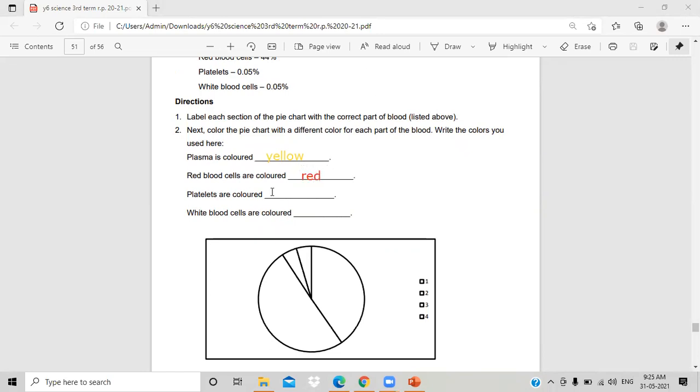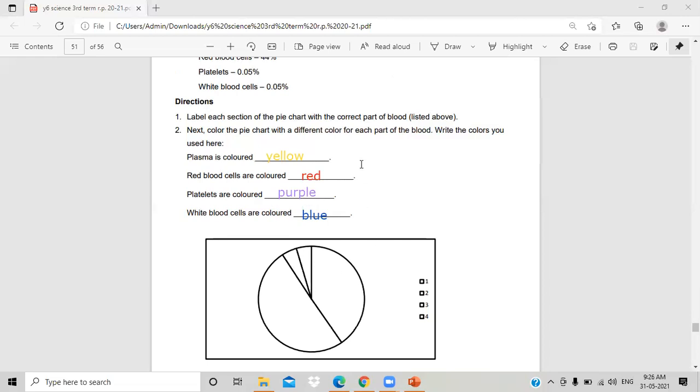I will choose the platelets to be purple, for example. Do I have purple here? Yeah, purple. And the white blood cells, what color should I color the white blood cells, guys? White. Oh, this is very funny. Let us make it dark blue. Okay. Blue. All right.